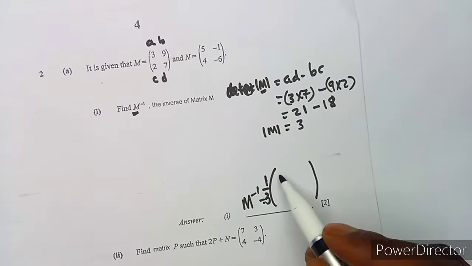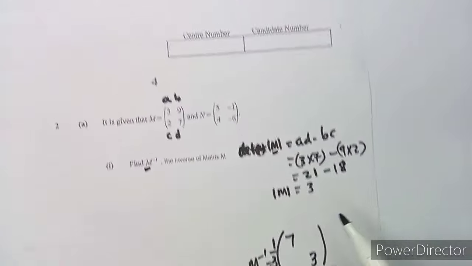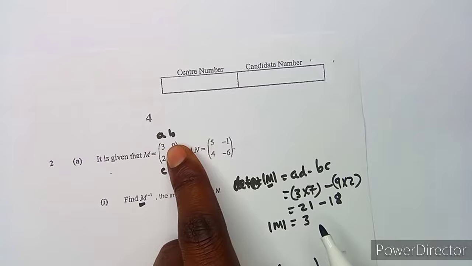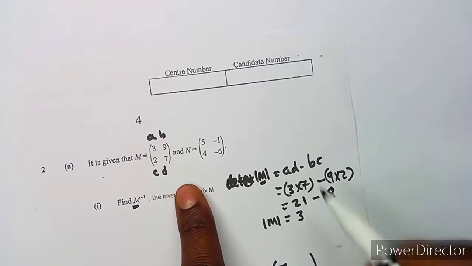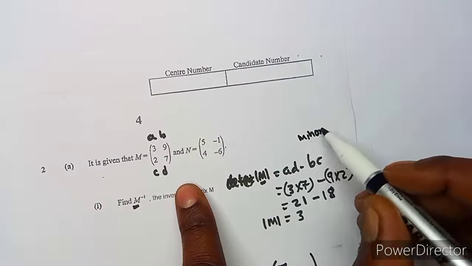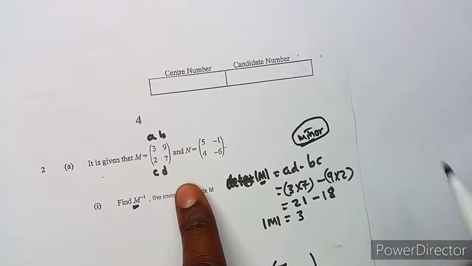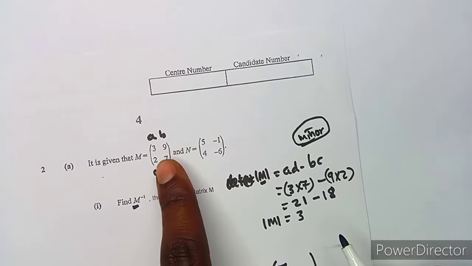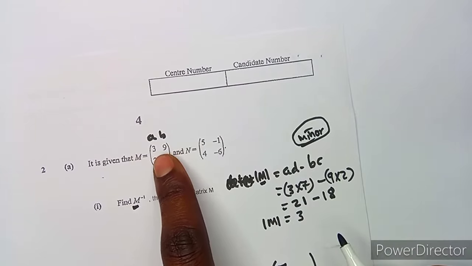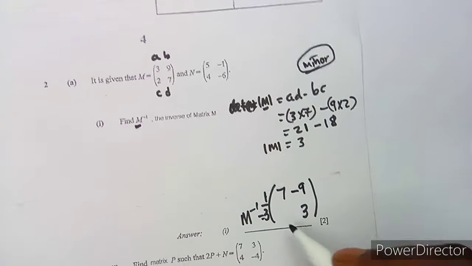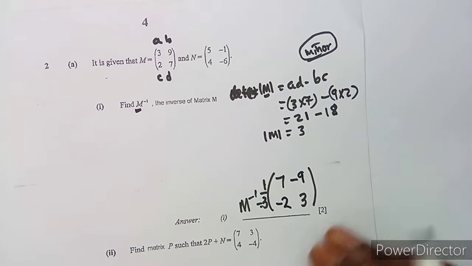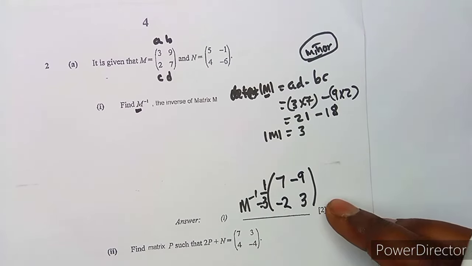That is now 7 here and 3. Then in the minor, this is your minor diagonal, the one with 9 and minus 2 is called a minor diagonal. If you watched my matrices videos, I explained all these languages. So that's your minor diagonal. You multiply by minus, that's minus and minus here. So it's minus 9 and minus 2. So this is now the inverse, 1 over 3 into this matrix. Okay.